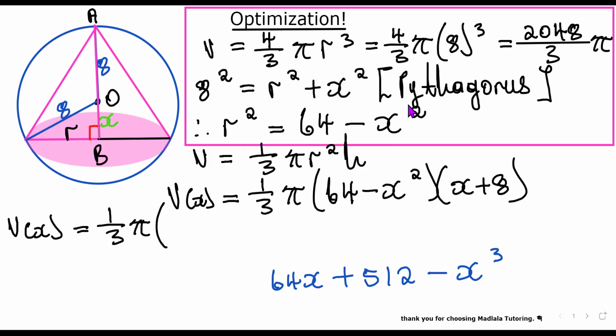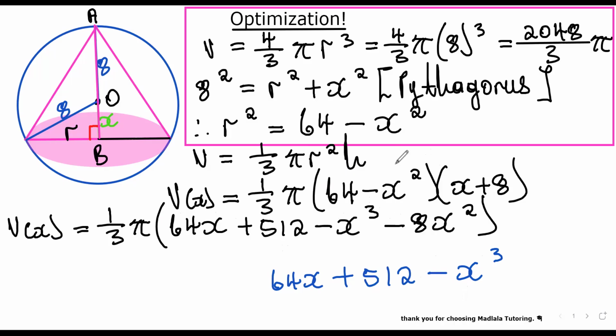Oh, we don't really have like terms to collect, so I might as well go on and say it's 64x for this one, 512 for that one, negative x cubed, yes, and negative 8x squared. Well, this is what I'm going to get. Just to verify, because I have a PhD in making mistakes, 64 by x, yes, by that, yes, negative x squared by x, and of course by 8, perfect.